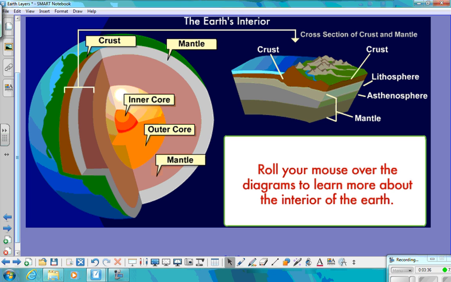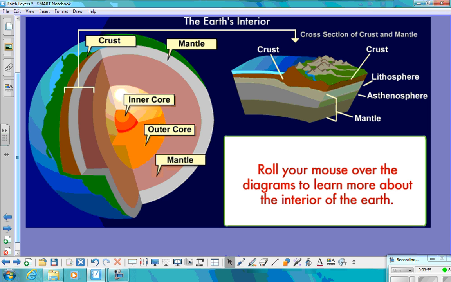But first, again, just want to take a look at here. We have the crust. On the outermost layer is the crust. Then we have the white layer here, which would resemble our mantle, our upper mantle. And then the pink layer is representing our lower mantle. The light orange is our outer core, and the dark red orange is our inner core.